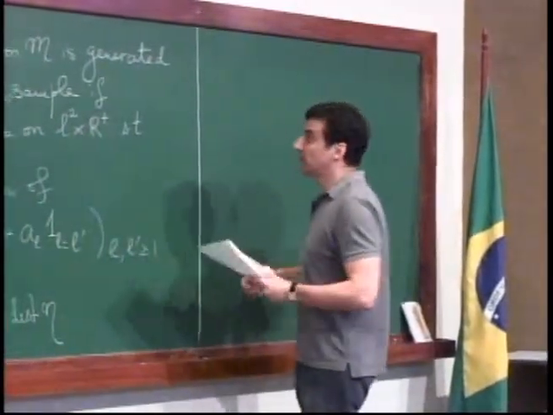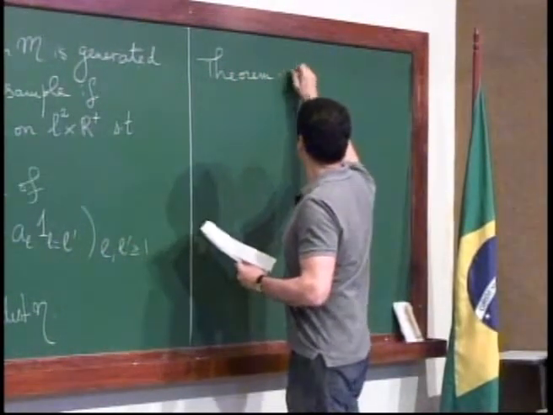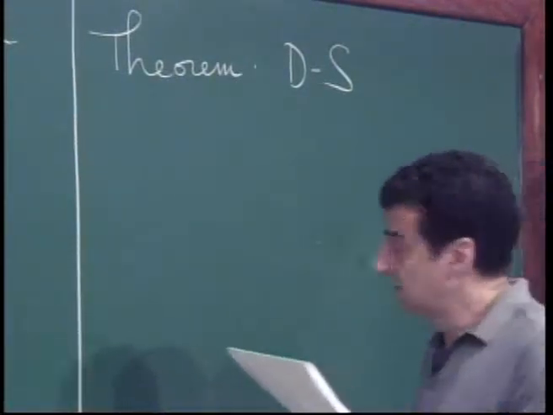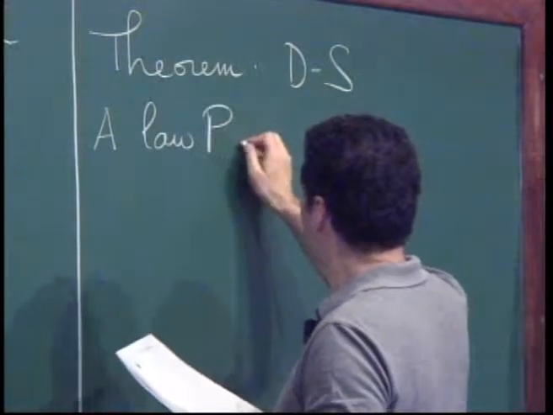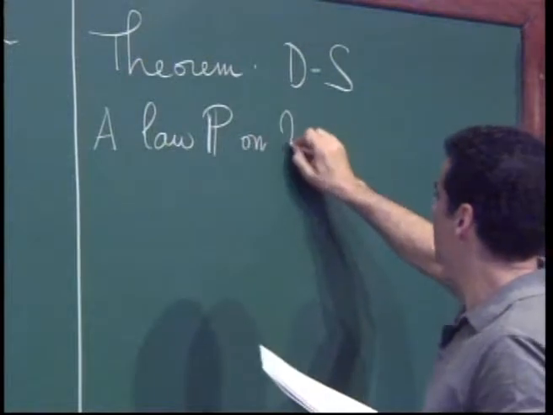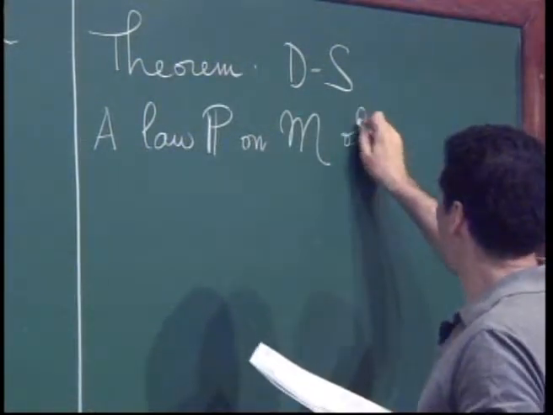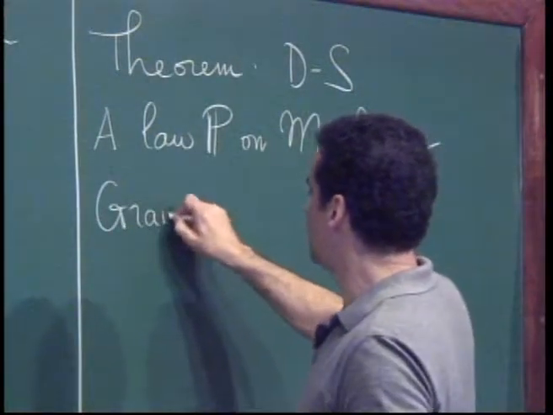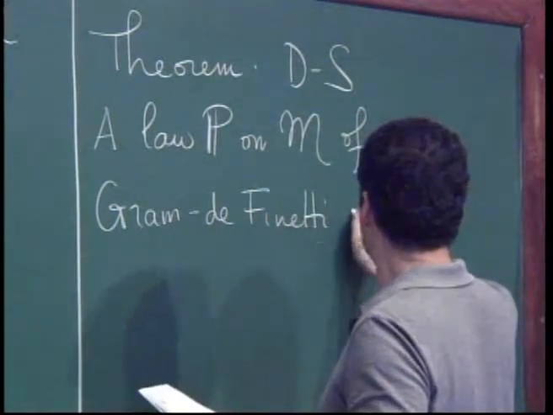And so the Dovbysh-Sudakov representation theorem says: allow P on my space M of any Gram-definite array, or matrix.